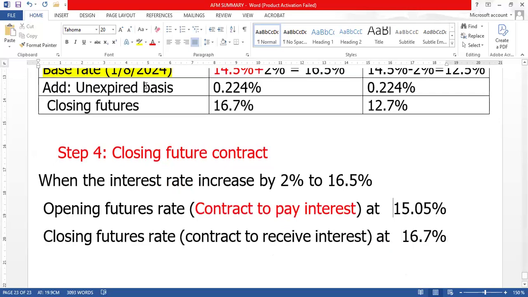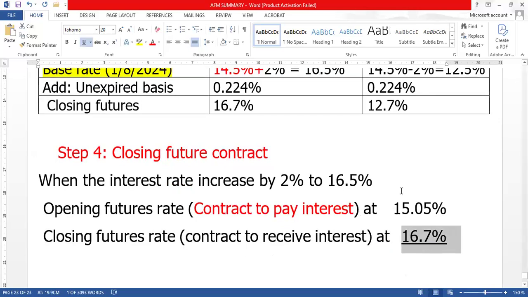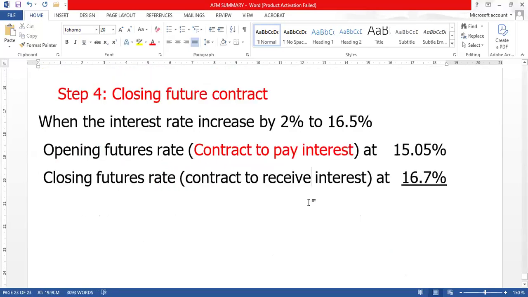So the question is, are you making a gain or a loss? It's a gain. So here we are making a gain.